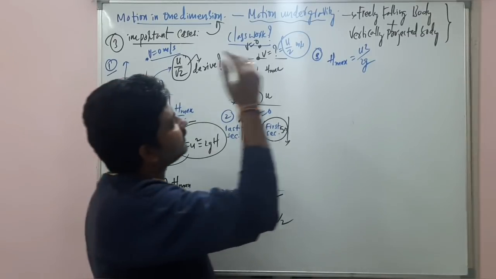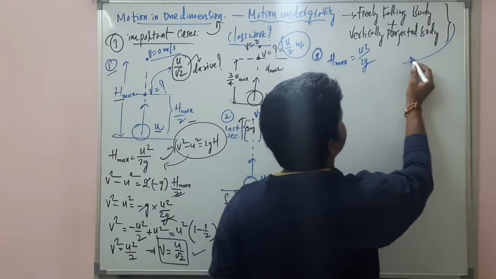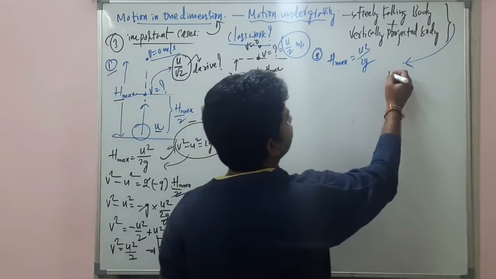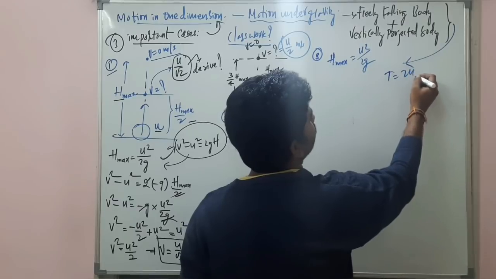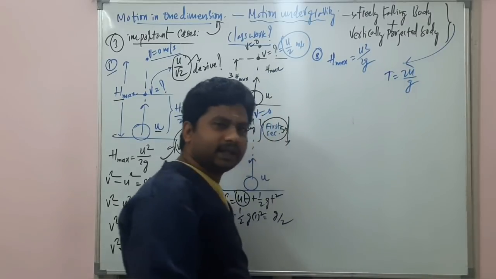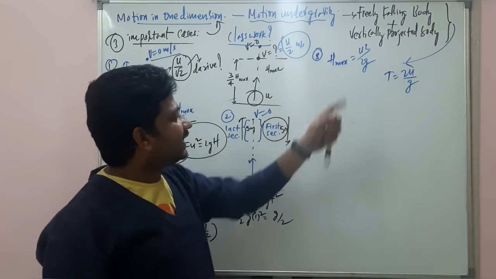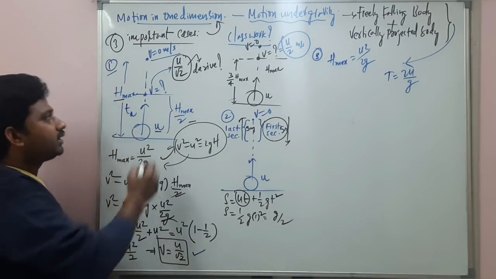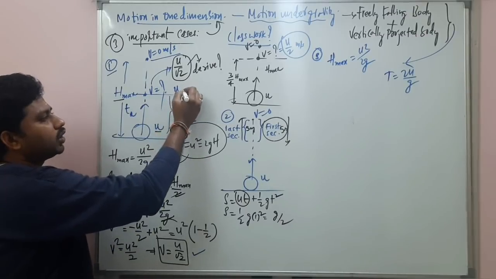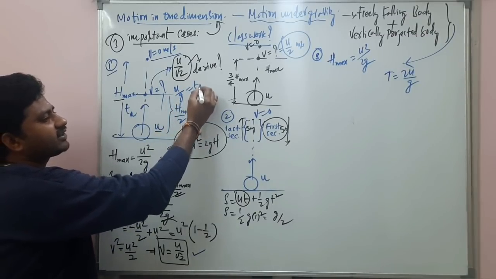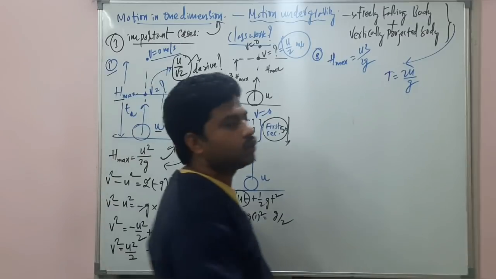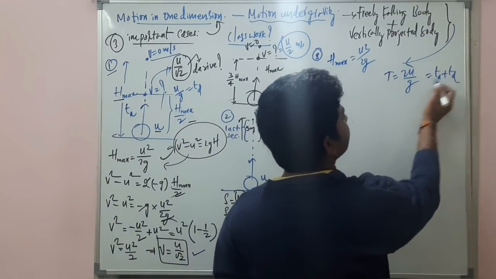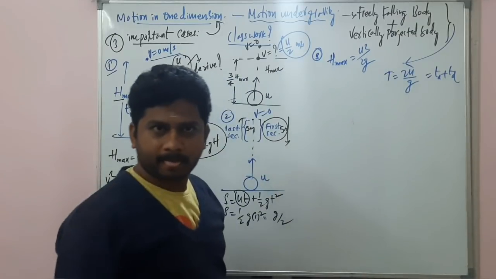Now, let's combine these two once again: freely falling and vertically projected. That means you have your time of flight which is equal to 2u by g. Did you remember that? Time of ascent is t suffix a, u by g. Time of descent is also u by g. Time of ascent plus time of descent is equal to time of flight. Did you remember this one?